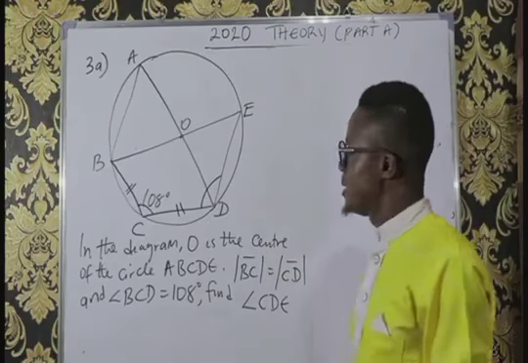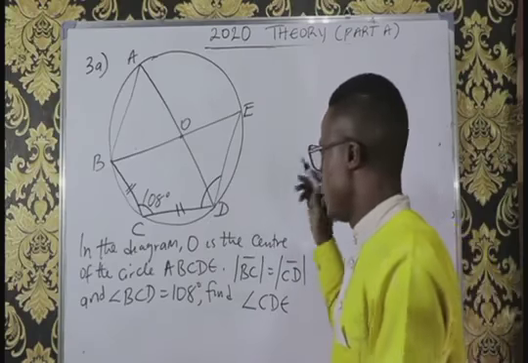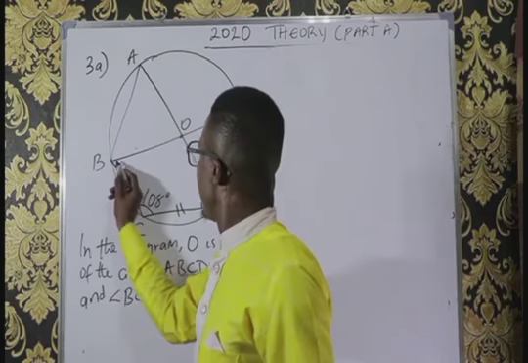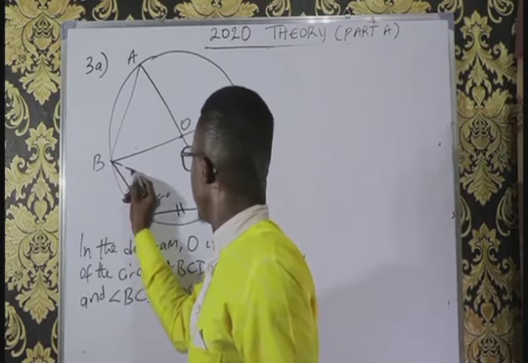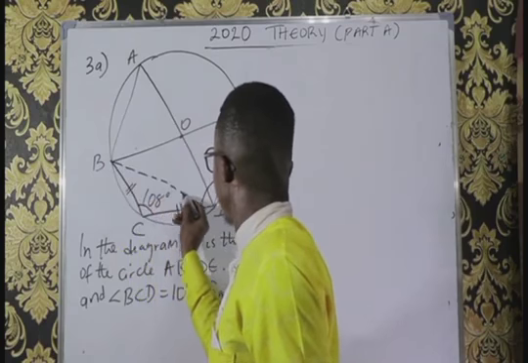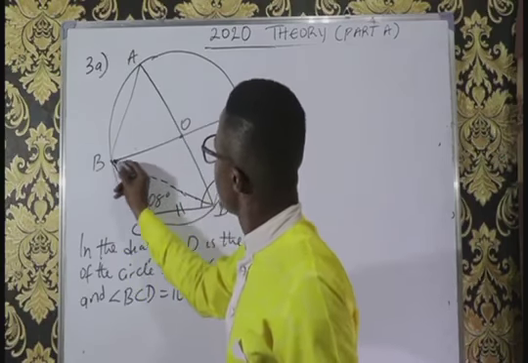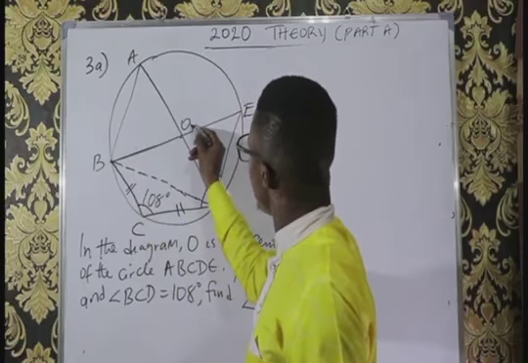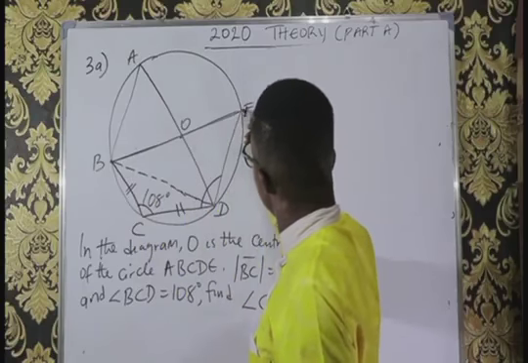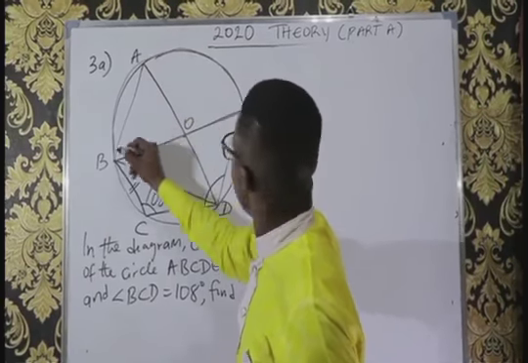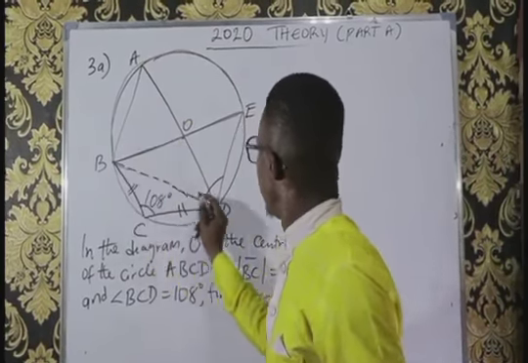Now you cannot get this without making a construction, because there's nothing we can do here. So if I were you, I will join this particular point. If I join it, you can see that this is a diameter. Since here is O, center, this is a diameter, and this arc is forming an angle at the circumference.